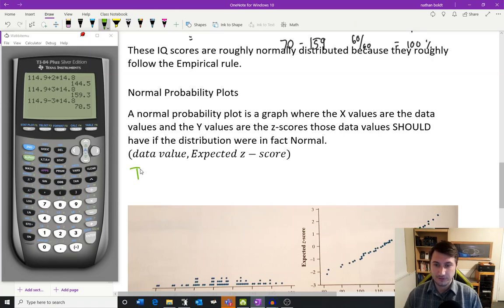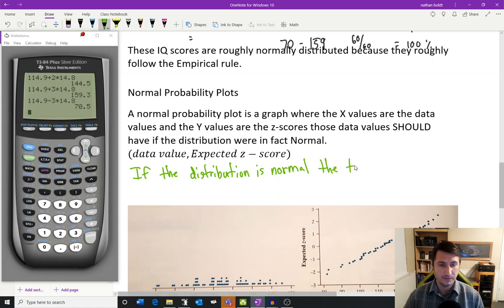So if the distribution is normal, then the normal probability plot, the normal, whoa, that is not a B.